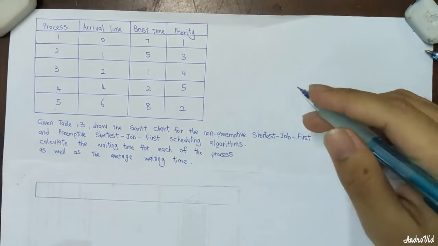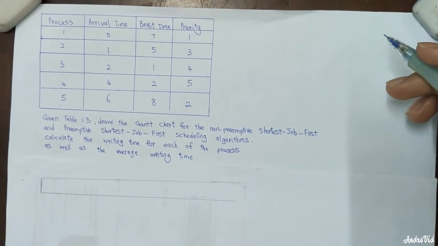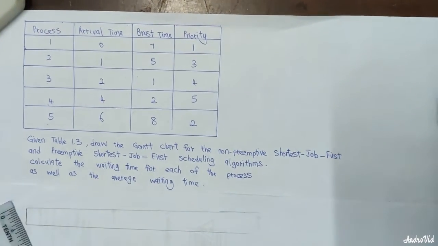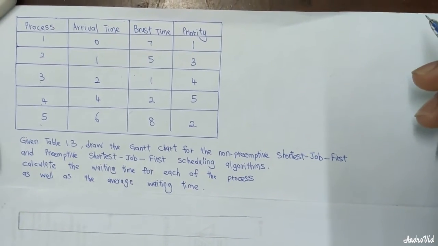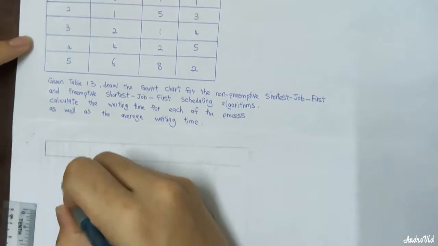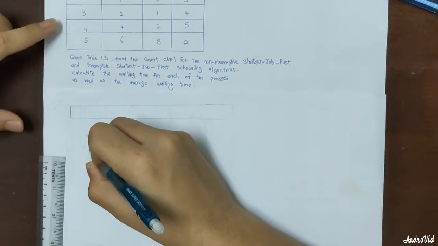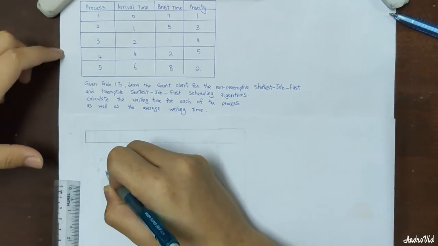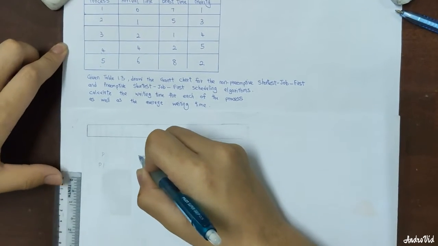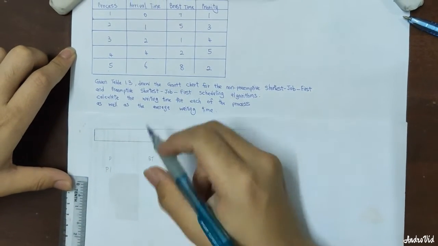Hello. This is the turn of the preemptive shortest job first scheduling algorithm. First, we choose process 1, whose arrival time is 0, and we see its burst time is 7.